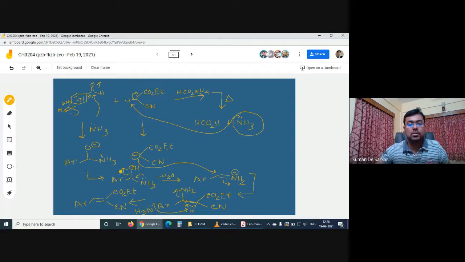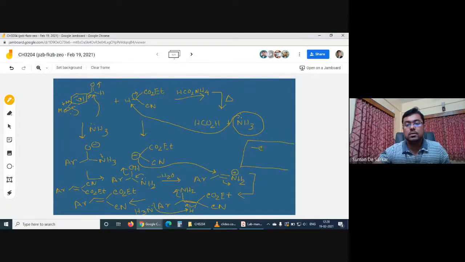I'm just drawing it here. We have some space. You can have this also, isn't it? The other geometrical isomer, where CO2Et and the aryl group are on the same side. Take this space and let me explain. Just compare the size of the cyano.